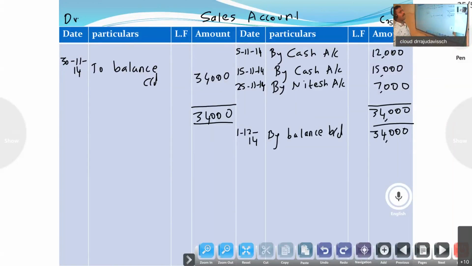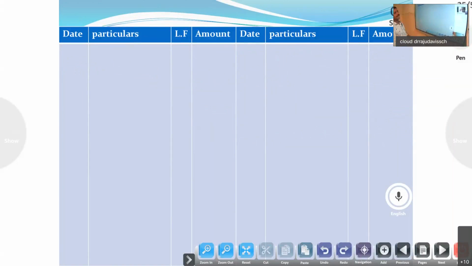Next entry. Furniture account to cash. Cash already we prepared. So next which account we have to prepare? Oh yes, furniture. So furniture account. It is very easy. So one thing you have to look at: which account we are preparing. Then you look at the journal, whether it is debit or credit. So furniture account to cash.